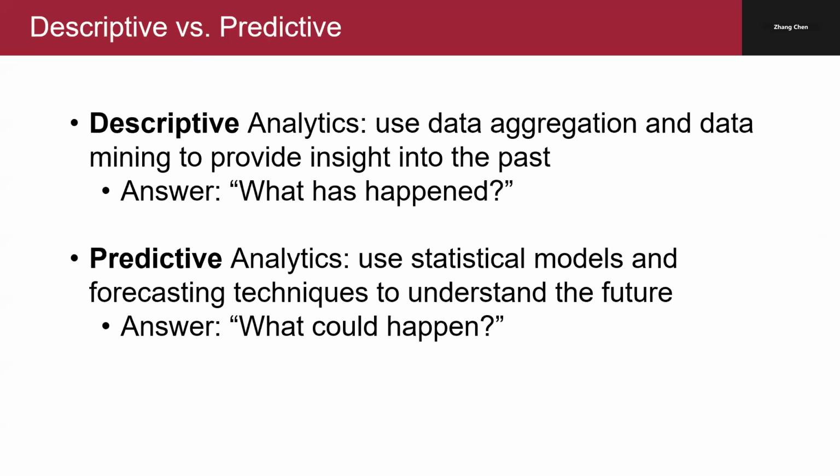Descriptive analytics usually focus on understanding the past. It uses, for example, data integration, summaries, and data mining to answer questions like, what happened? For example, monthly sales reports and website traffic dashboards are descriptive. We want to understand how much sales we made in the past month, so how we are going.